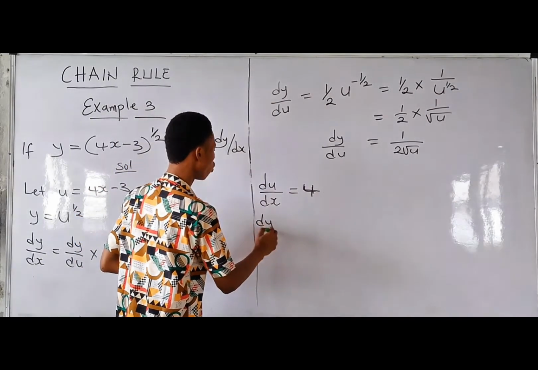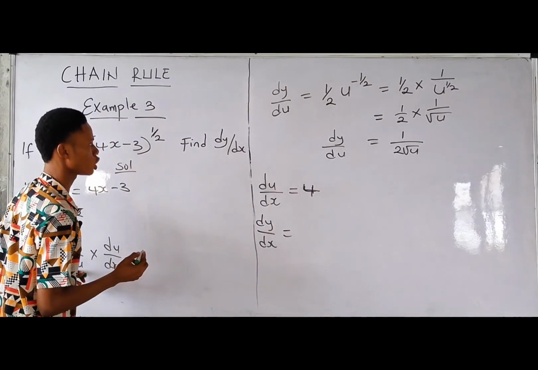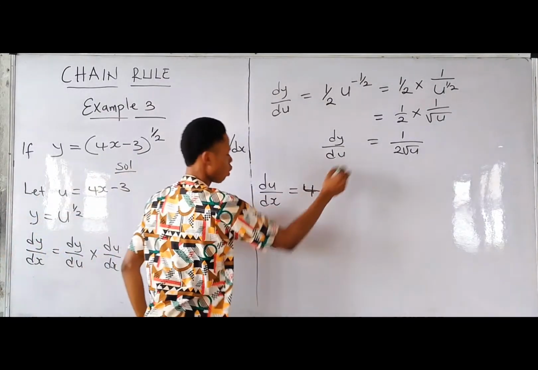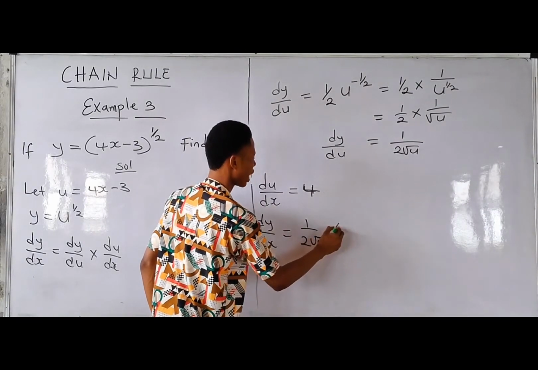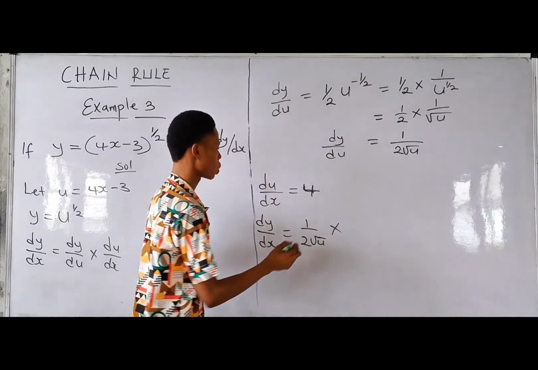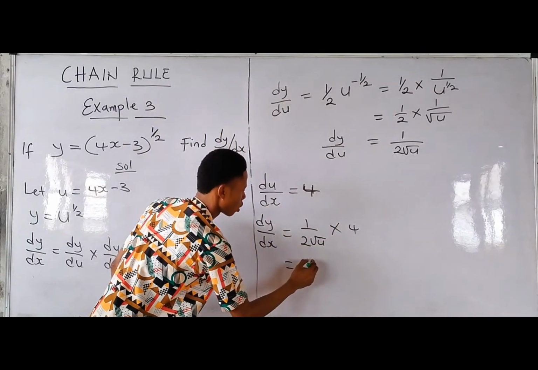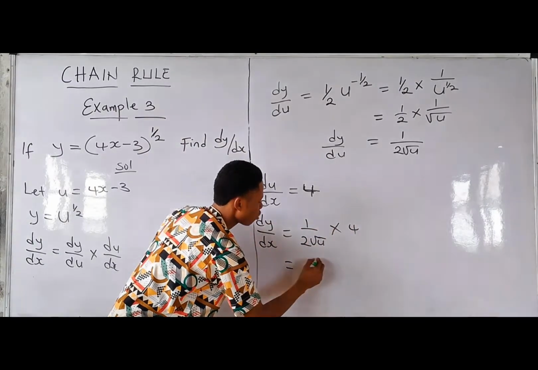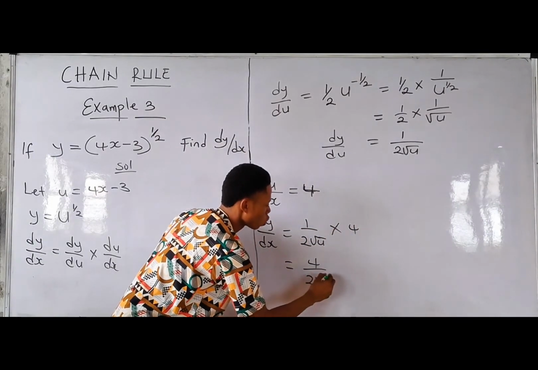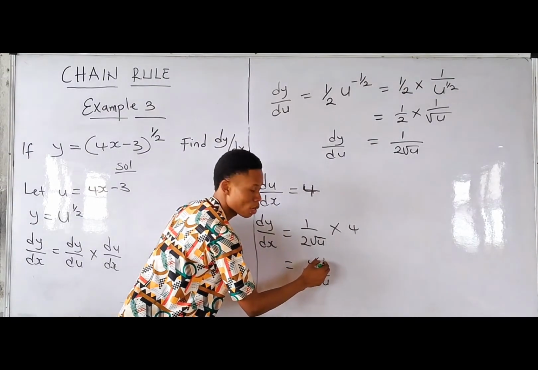dy over dx is equal to, now dy over du is what? 1 over 2 root u times du dx is what? 4. So we'll end up with 4 times this. 1 times 4 will give us what? So we'll be having 4 over what? 2 root u, right? 2 can go into 4, 2 times, right?